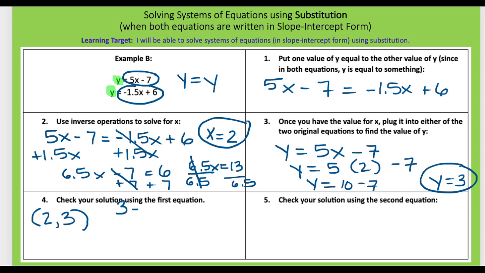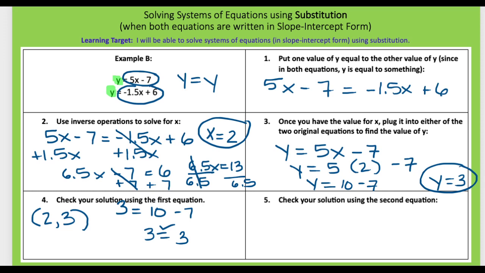3 equals 5 times 2, which is 10, minus 7. So that one works, which we were pretty sure it would, since that's the equation that we used to find y. The true test will be if it works for my second equation. My second equation is y equals negative 1.5x plus 6.